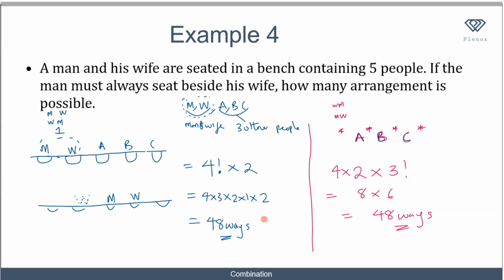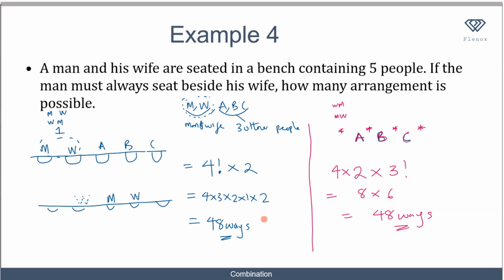But to be on the safe side, it will be good to know how to solve questions like this. So as an assignment, I want you to try to list out these 48 possibilities and see if you're able to figure it out. It's going to be very tedious, but it's important to do it so you can indeed either prove or disprove that there are 48 ways in which these arrangements can be made.